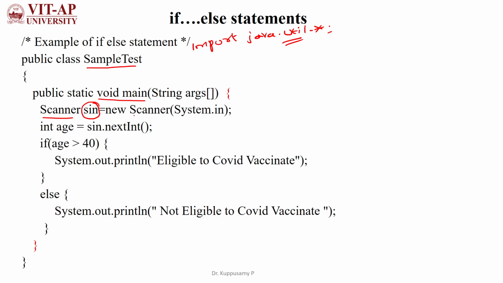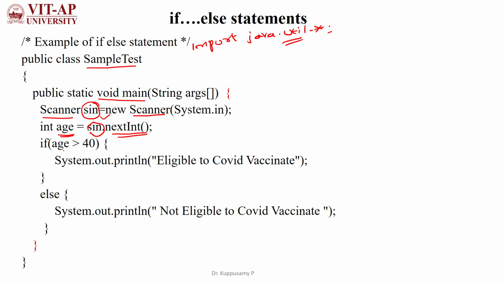Here we create the Scanner object sin, and using this object we get the integer input, which is assigned to the variable age.